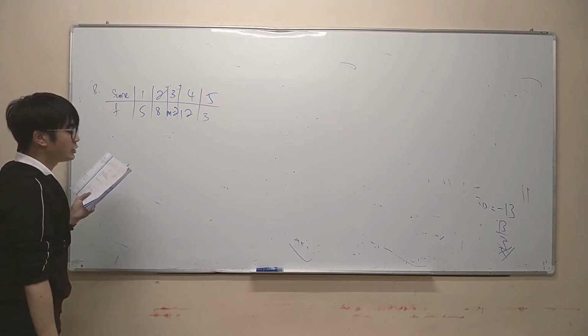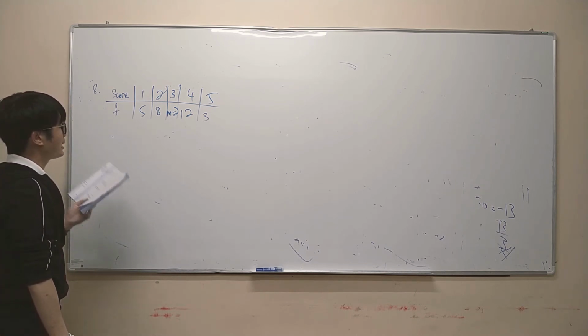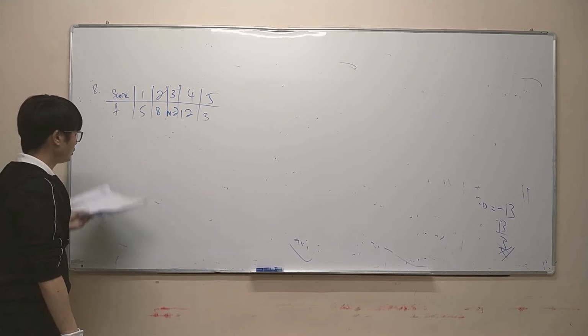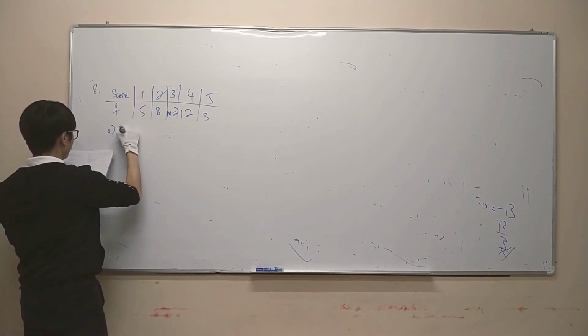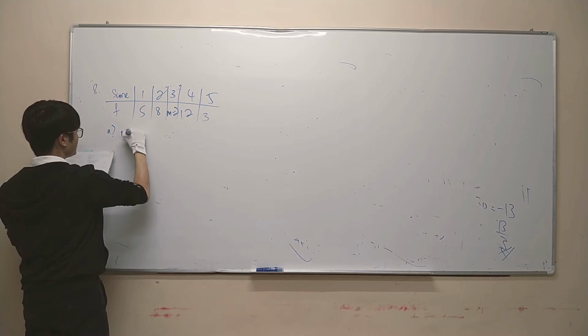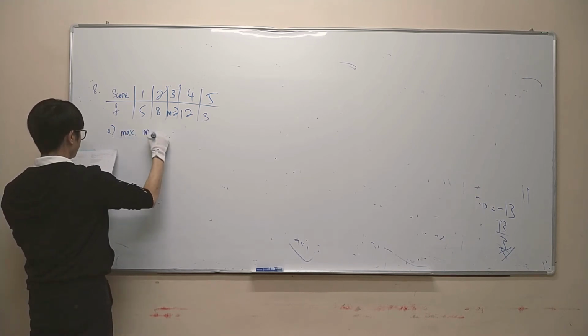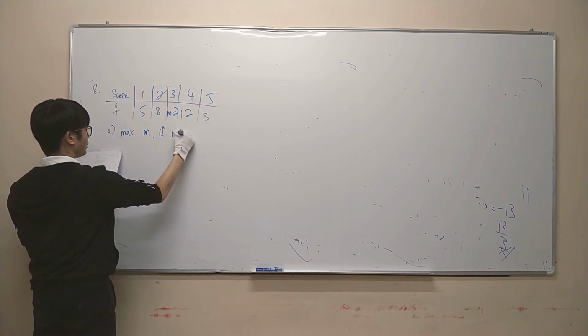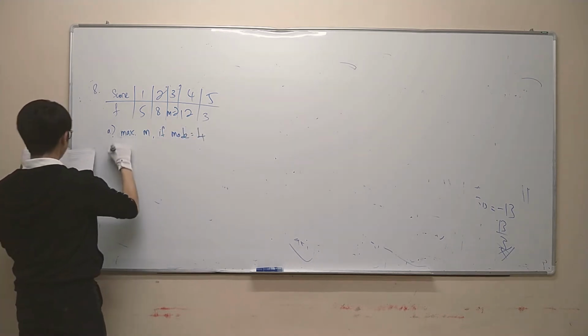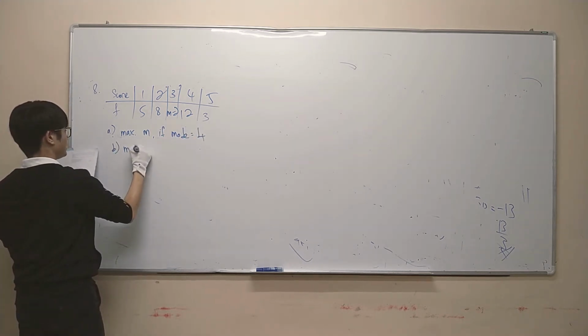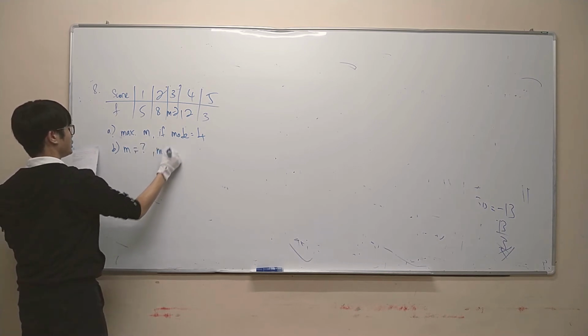Table 1 shows the distribution of score of a group of students in a mathematics quiz. A, find the maximum n if mode equals 4. And then B, n equals what if median is 3.5.